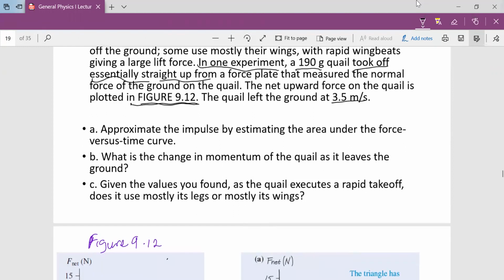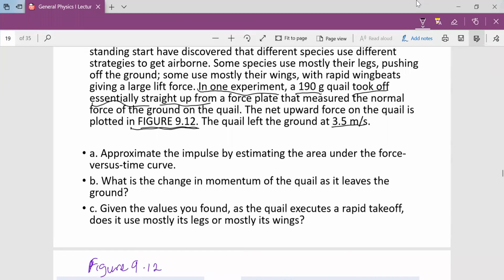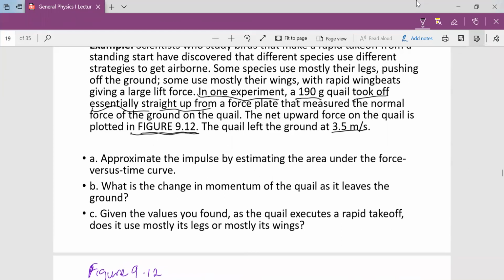C, given the value you found, as the quail executes a rapid takeoff, does it use mostly the legs or mostly the wings? Now, when we get to that C, I'll just make a short comment about quail habitation and how they actually influence our own discussion on that C.